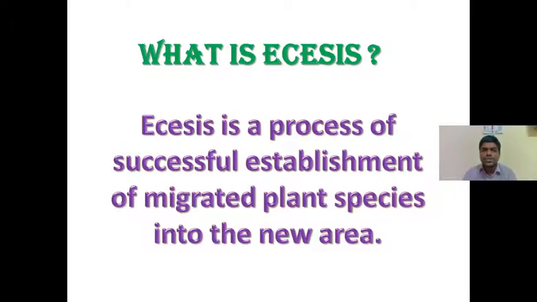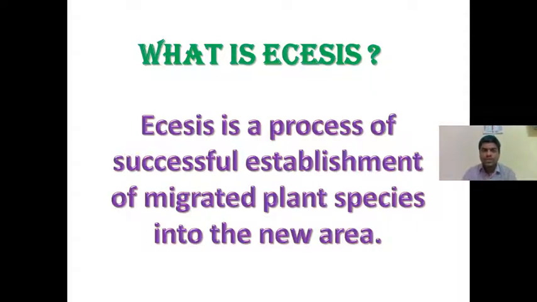We are students of botany, and hence we will see migration of plants from one area to another area, and that migration of plants is called Ecesis. So Ecesis is a process of successful establishment of migrated plant species into the new area.